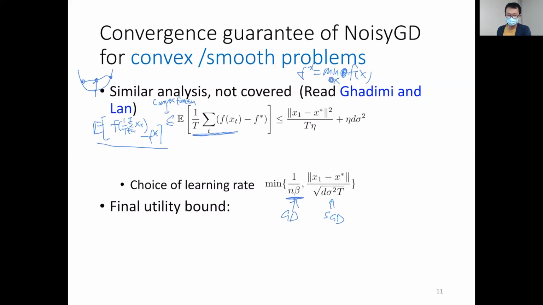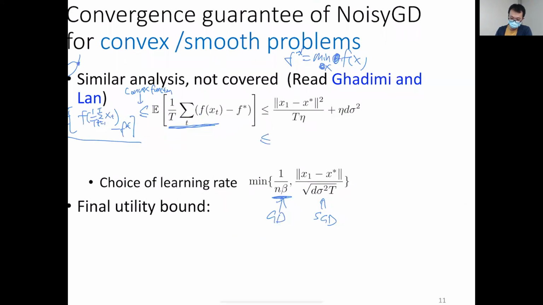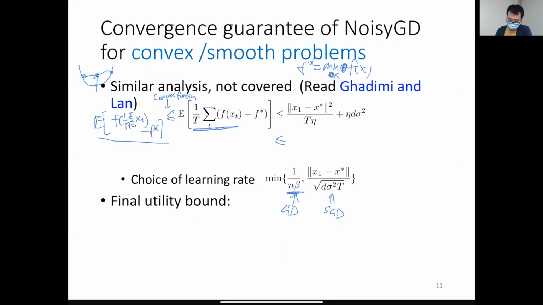And when we choose this learning rate as a minimum and use exactly the same argument as before, we can show that this is smaller than n beta times the squared norm of x1 minus x star over t, plus 2 times the norm of x1 minus x star times square root of d sigma square over square root of t.